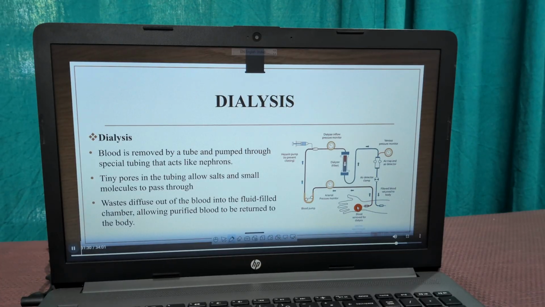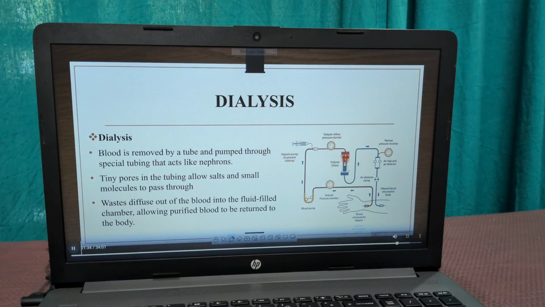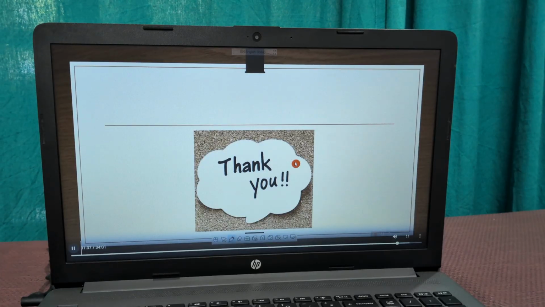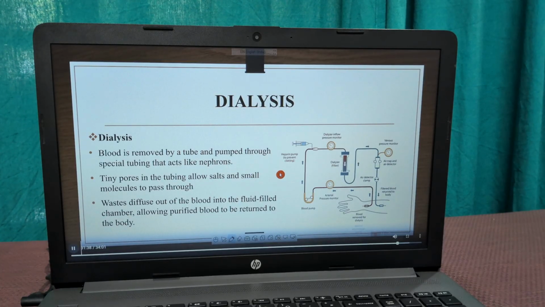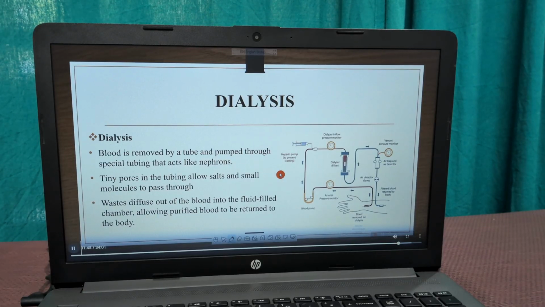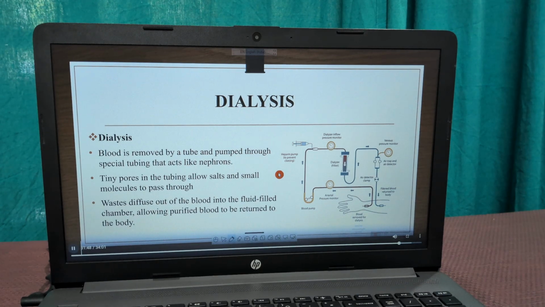Now the purified blood is returned to the body. This is called dialysis. This is the process of dialysis. So dialysis is performed in certain disorders of the kidneys in which the kidneys are not performing properly.